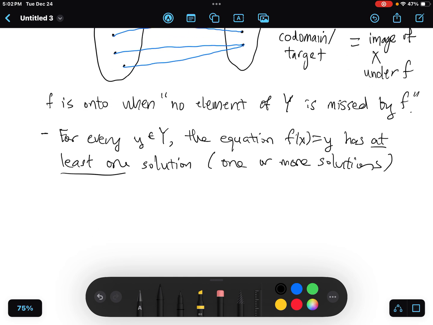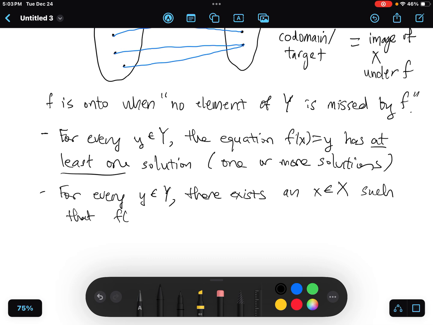There's no element of the codomain with no corresponding input. And this is another way of saying the same thing, which is kind of a more typical way in books, is that for every little y in capital Y, there exists at least one x. So there exists an element little x in capital X, such that f of little x is equal to little y.